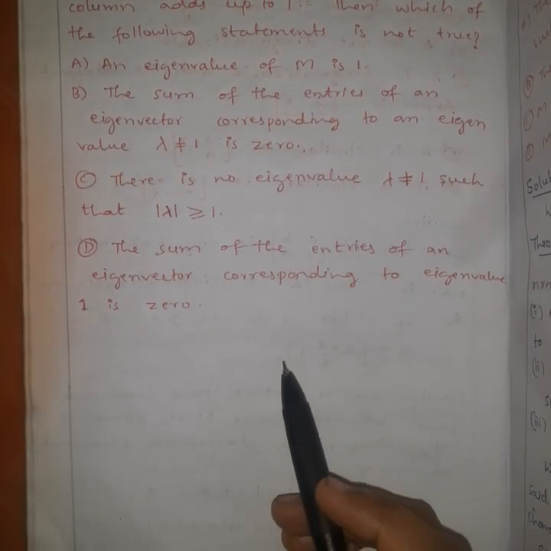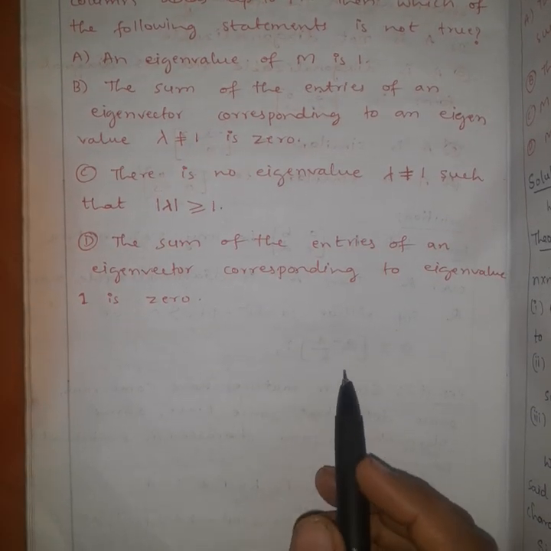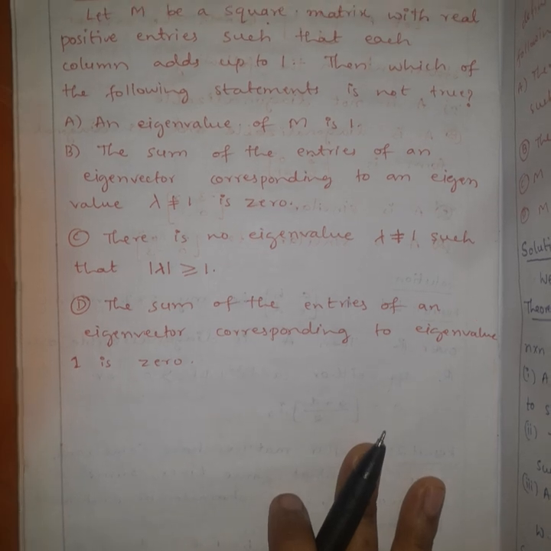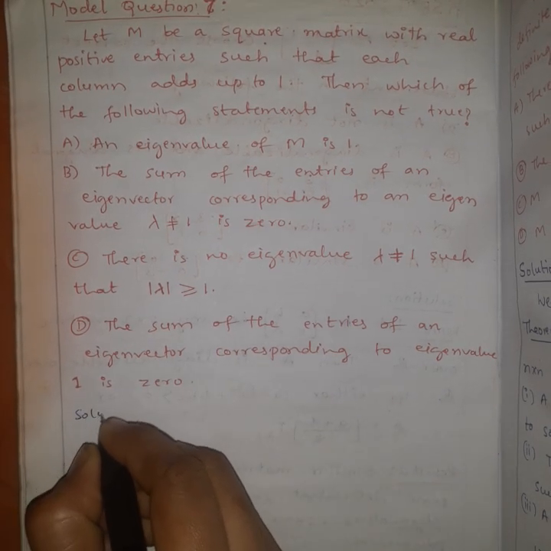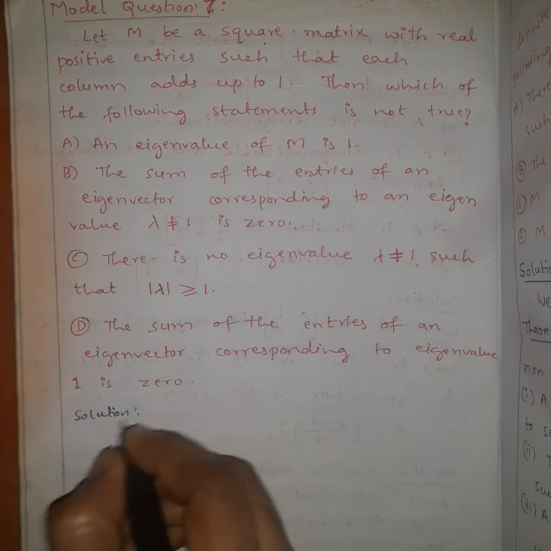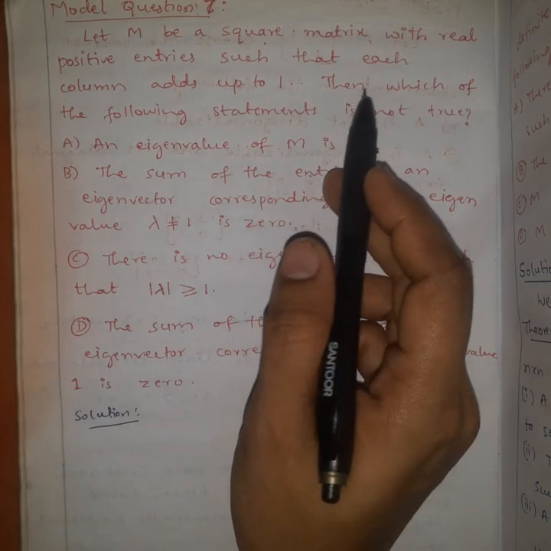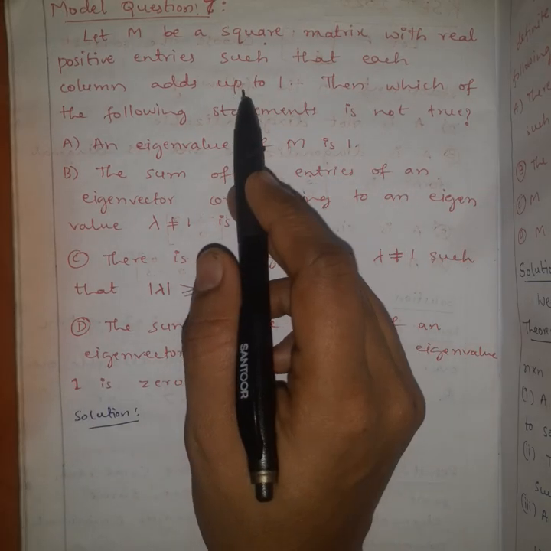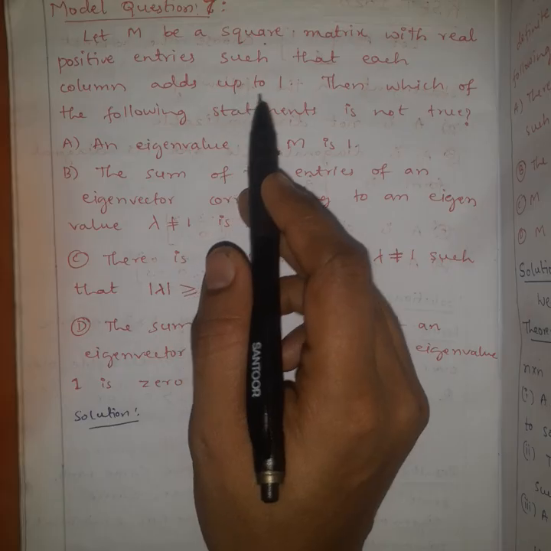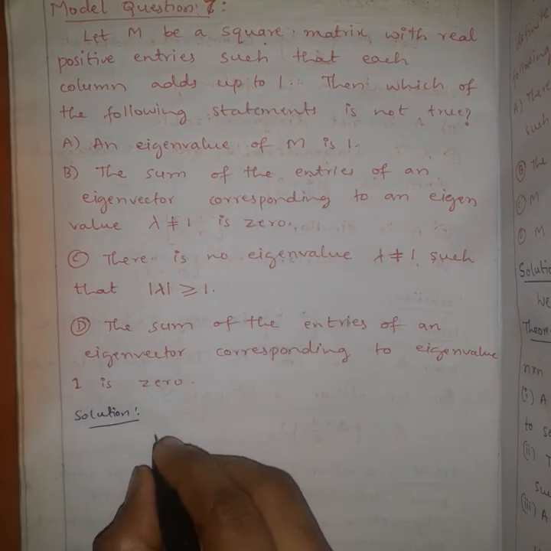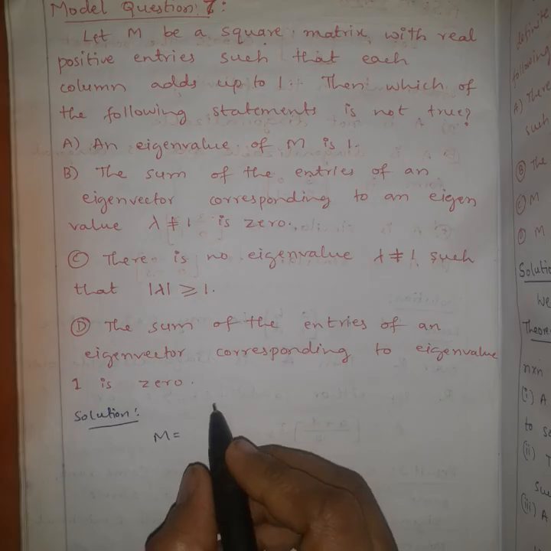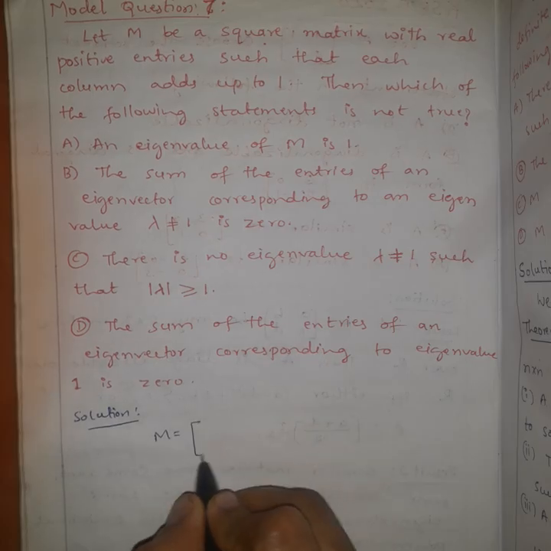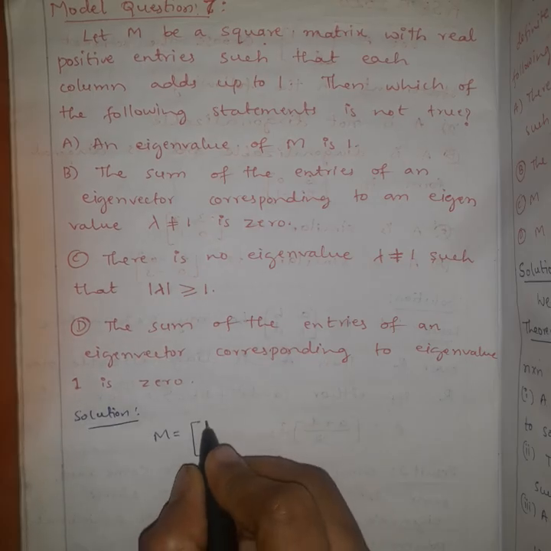So I will take an example. Using a counter example, let us analyze each option. So solution, given M be the square matrix with the real positive entries such that each column adds up to 1. So let M be a 2 by 2 matrix with each column adding up to 1.